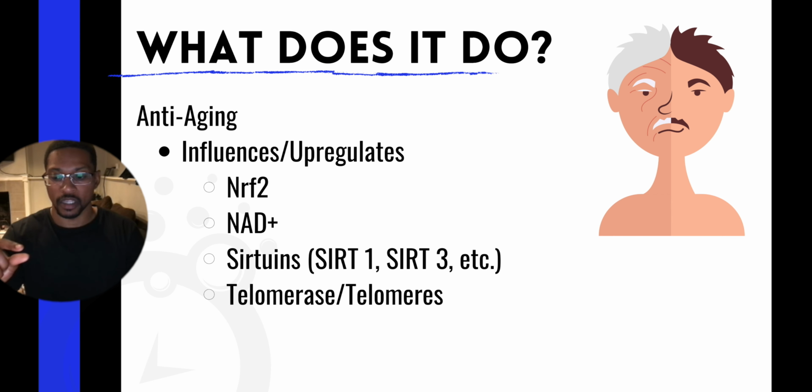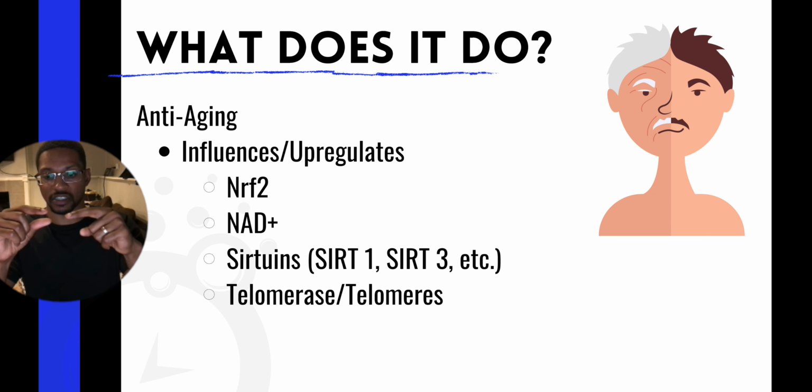It's unhealthy. And also telomerase is the protein that can help these telomeres stay long. So hydrogen's actually been shown to increase telomerase activity in the cell by over 100%, which is crazy. And it can keep these telomeres long.